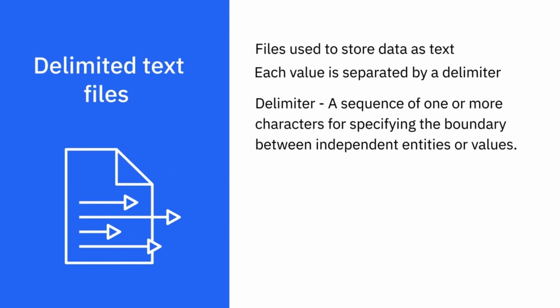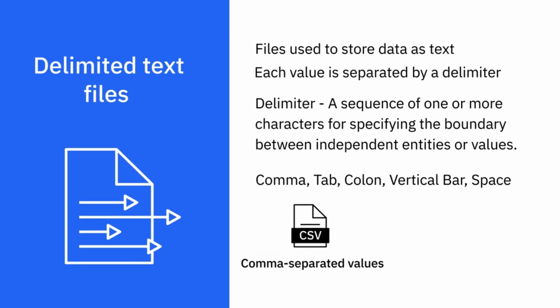Any character can be used to separate the values, but most common delimiters are the comma, tab, colon, vertical bar, and space. Comma-separated values, or CSVs, and tab-separated values, or TSVs, are the most commonly used file types in this category. In CSVs, the delimiter is a comma, while in TSVs, the delimiter is a tab.